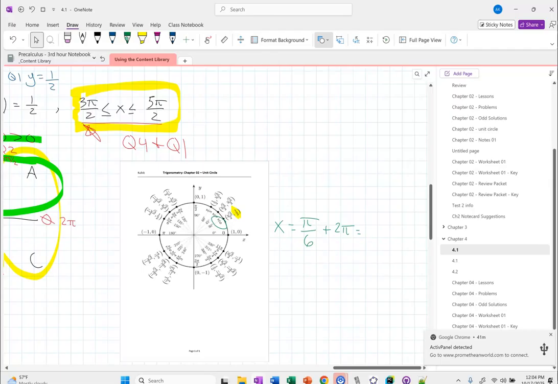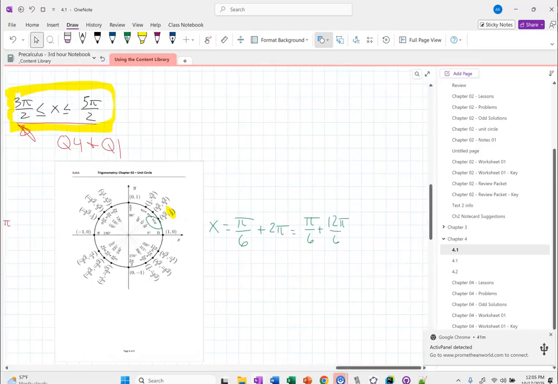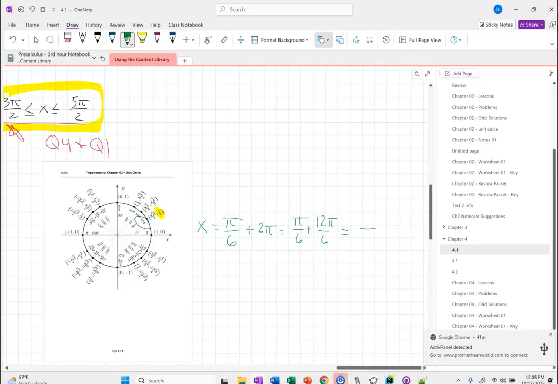To add pi over 6 and 2 pi, what do I need to have? Common denominator. What would the common denominator be? 6. So 2 pi becomes 12 pi over 6. And pi over 6 plus 12 pi over 6 gives me 13 pi over 6.